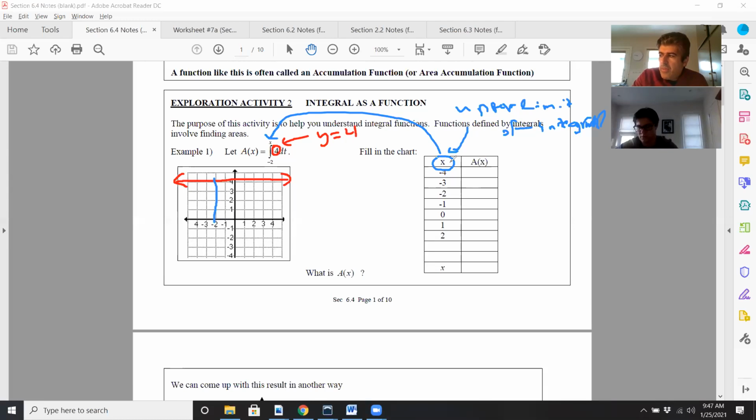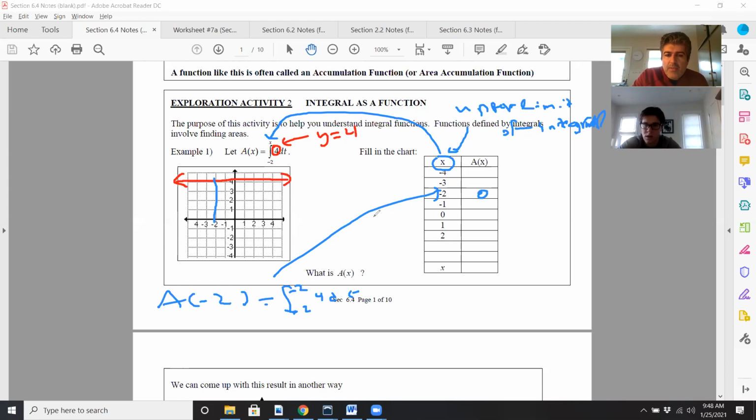Let's actually start with -2. So let's say I want to evaluate A of -2. So you're integrating simply from -2 to -2 of your function. Well, guess what? The lower and upper limits are the same, so that's just 0.